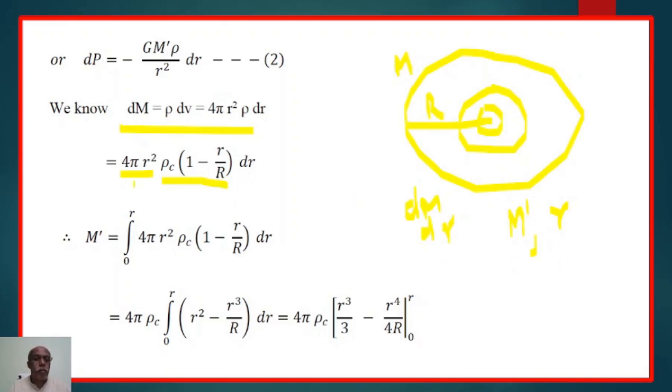Therefore m dash is obtained by integrating between the limits 0 to r, 4 pi r square rho c into (1 minus r by R). Simplifying, we get 4 pi rho c into the integral from 0 to r of (r square minus r cube by capital R) dr. On integration, we get 4 pi rho c into (r cube by 3 minus r to the power 4 by 4R).